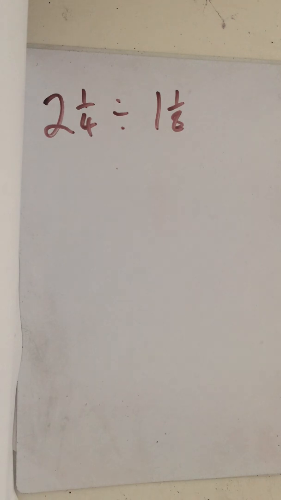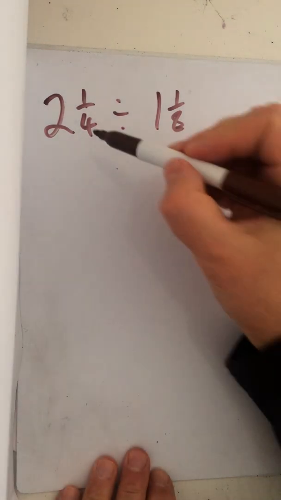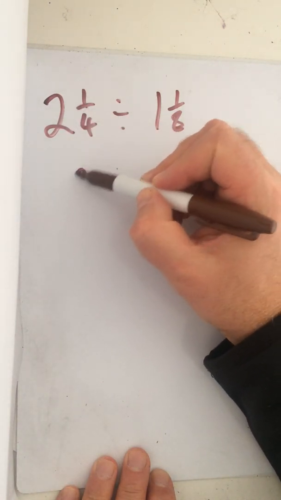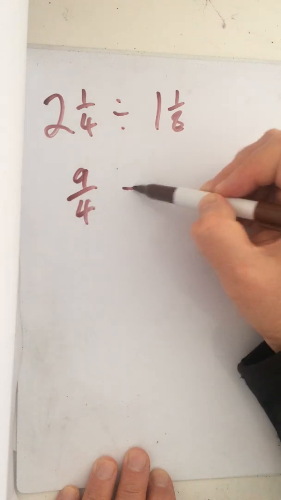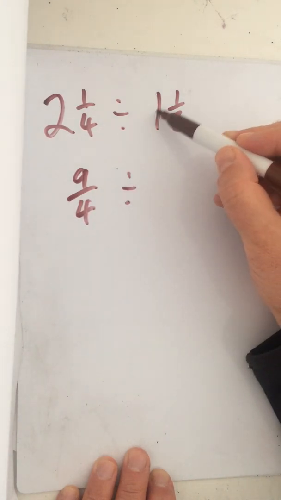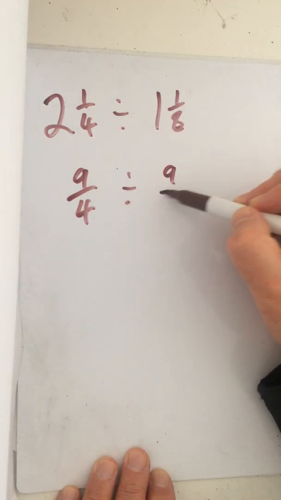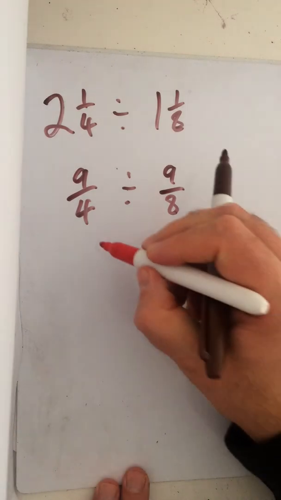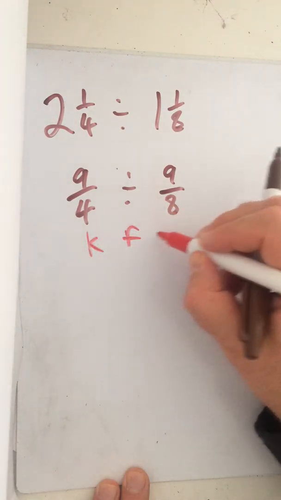First thing we do is put them into improper fractions. 4 times 2 is 8 and 1 is 9, so 9 over 4 divided by 1 times 8 is 8 and 1 is 9, 9 over 8. Now after I've done that, I'm going to do my KFC.